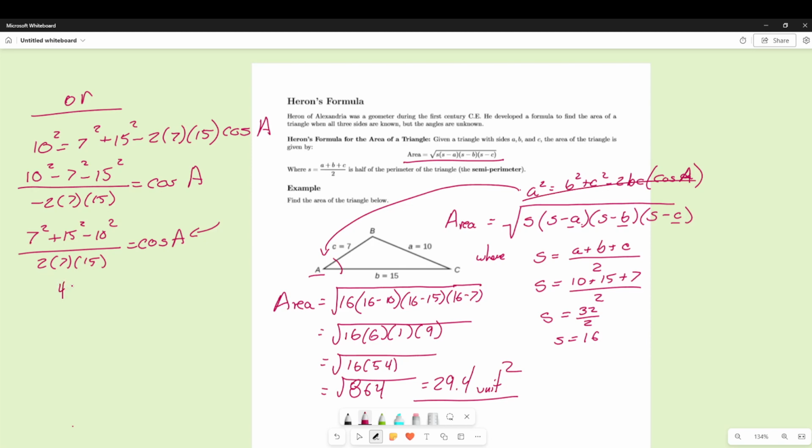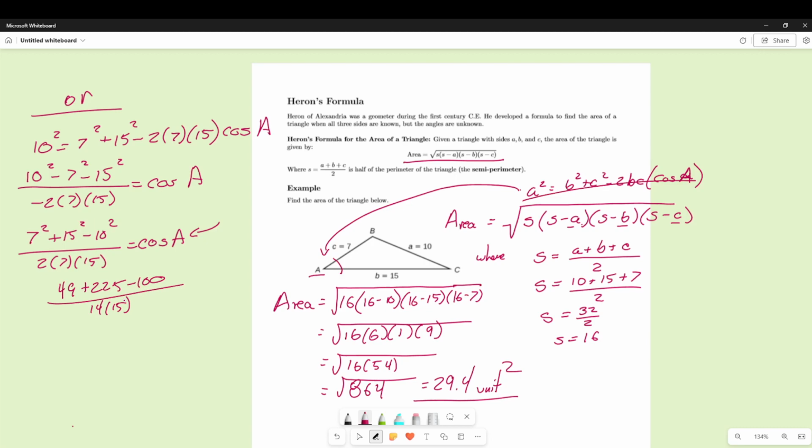So, 49 plus 225 minus 100 over whatever 14 times 15 is. There's a fair amount of calculation in there, but we can really make the machines do most of that if we're careful. So 49 plus 225 minus 100.